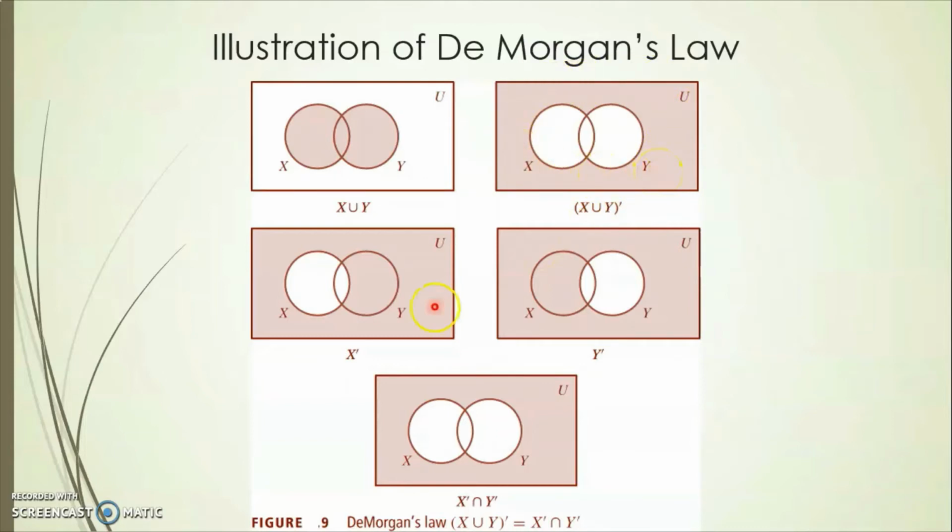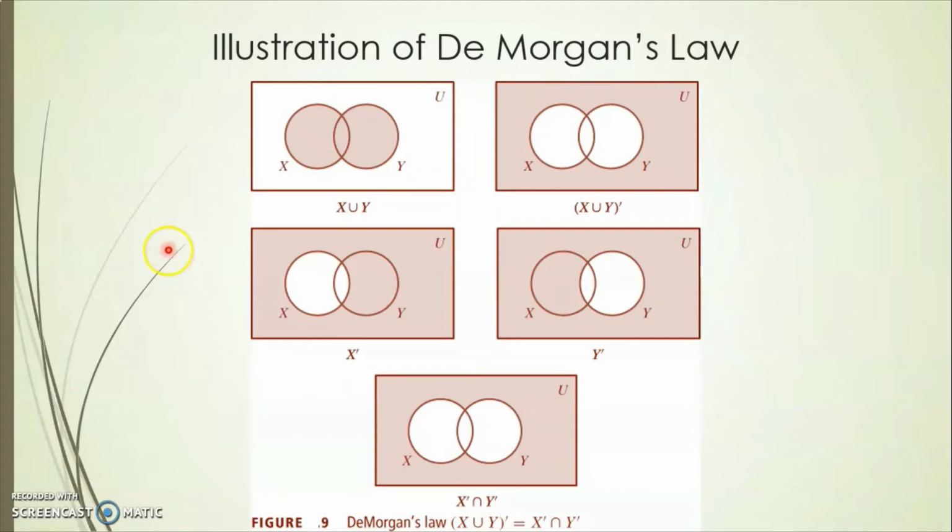Similarly, if you consider the complement of x, which is all this area, and the complement of y, all this area, and you find the intersection of both complement sets x and y, you get this one. Because the Venn diagram for complement x intersect complement y is similar to complement of x union y, by De Morgan's law you can state that this one equals this one.